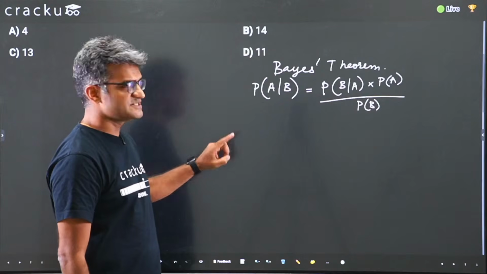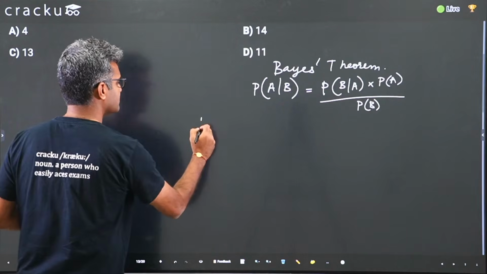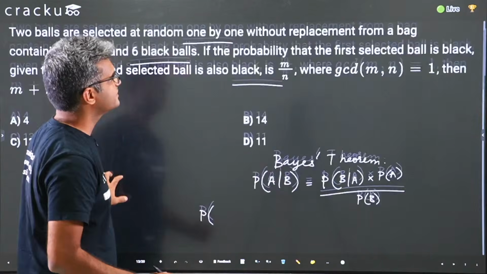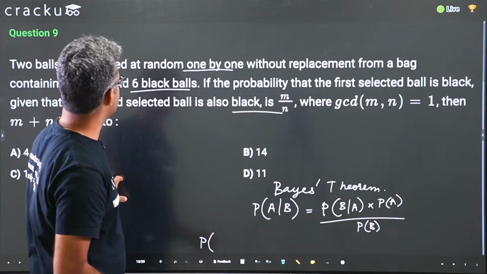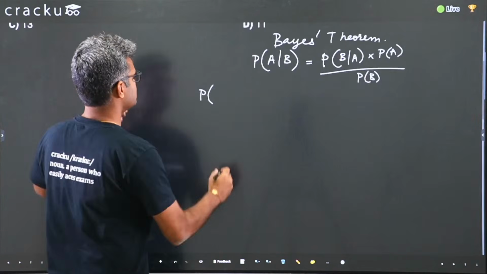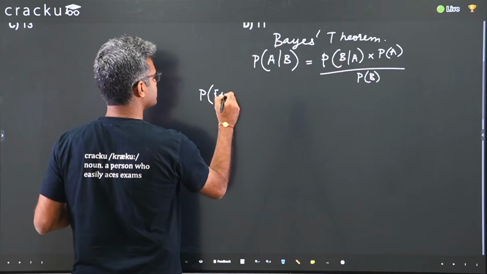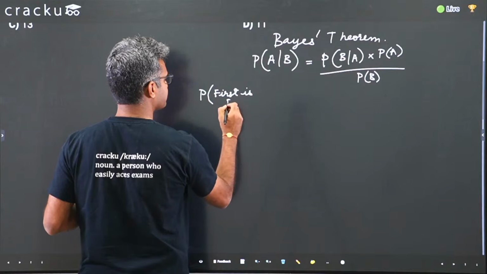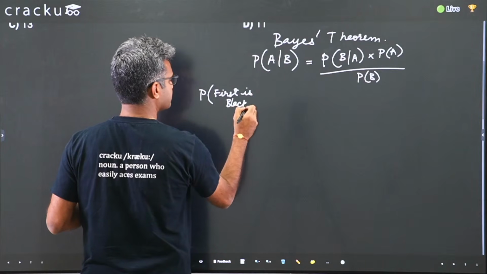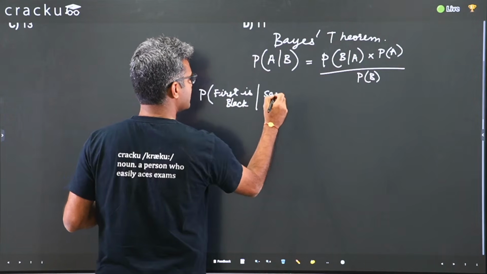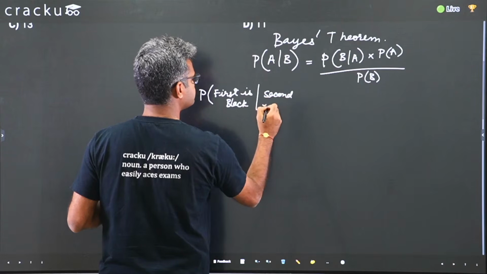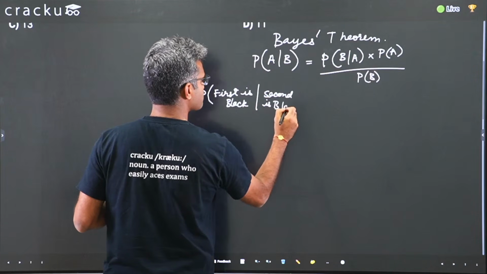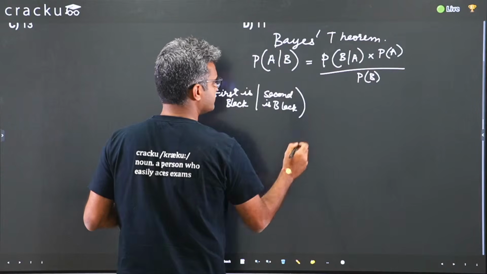For example, in this particular case, we are required to calculate what is the probability that first selected is black given that second is black. So what is the probability that first is black given second is black? This is what we are required to calculate.